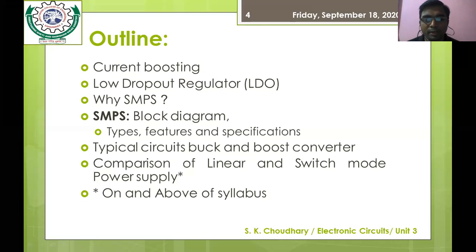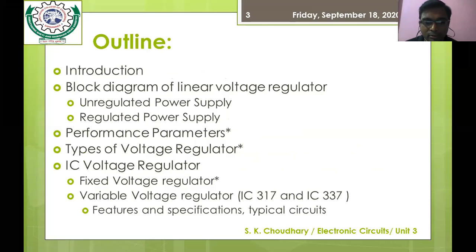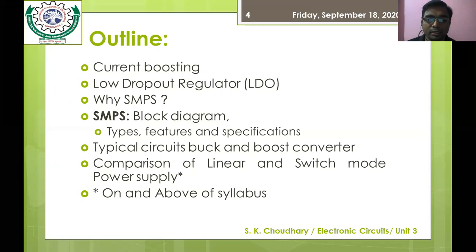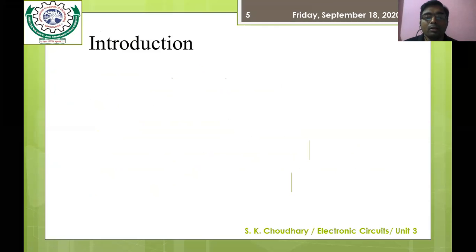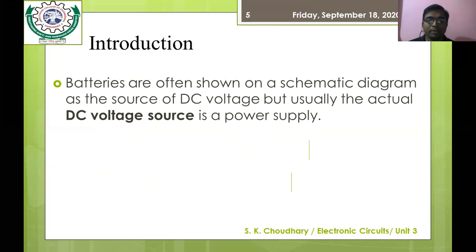The topics I have mentioned with a star are on and above the syllabus, not part of the syllabus, but required to learn the other topics that are included in it. Okay.